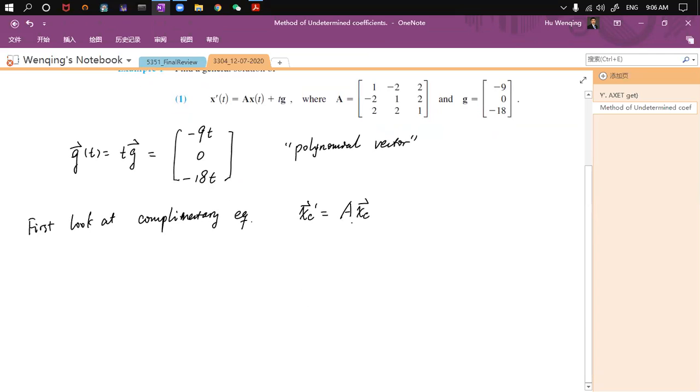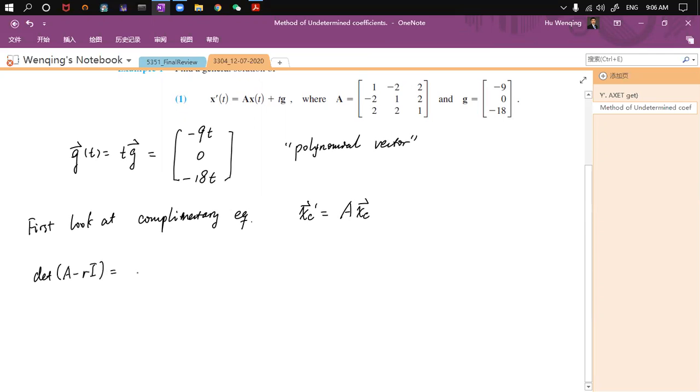How do you solve the complementary equation? You have to calculate the eigenvalues and eigenvectors. Here it is a 3 by 3 matrix, so that's not so easy, but you can still calculate it. Basically, you calculate the determinant of A minus r times I.